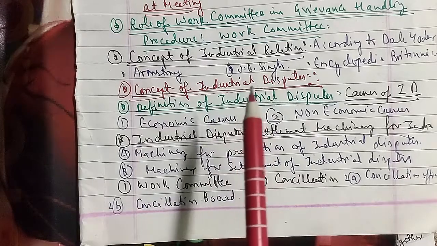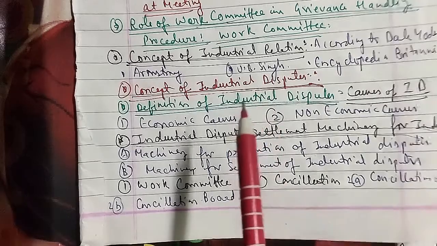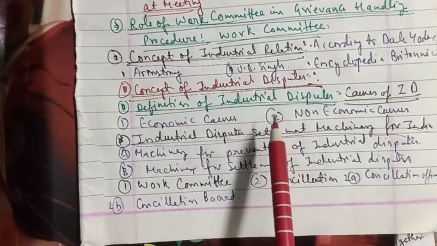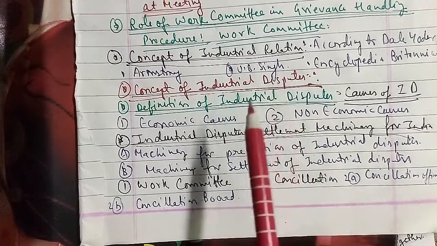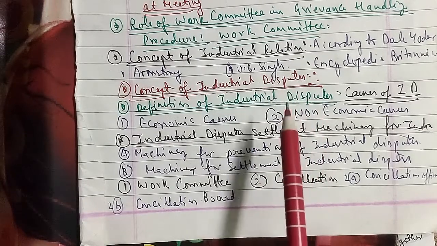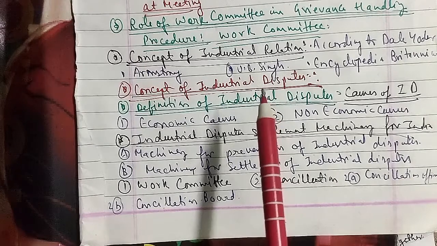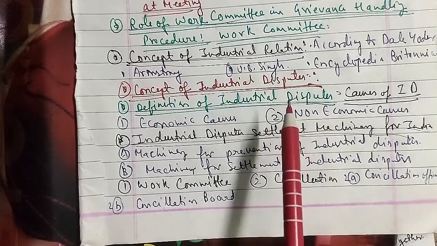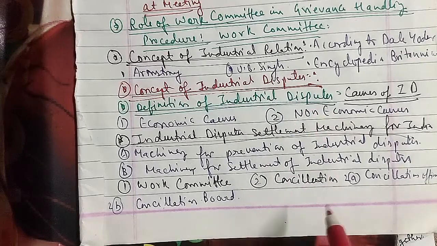The board reports to the government about the success or failure to bring about a settlement within two months from the date of the reference of the dispute. The board of conciliation consists of a chairman, who must be an independent person, and three or four members. Unsolved matters may be referred to a labor tribunal, industrial tribunal, or labor court, under Section 12(5).